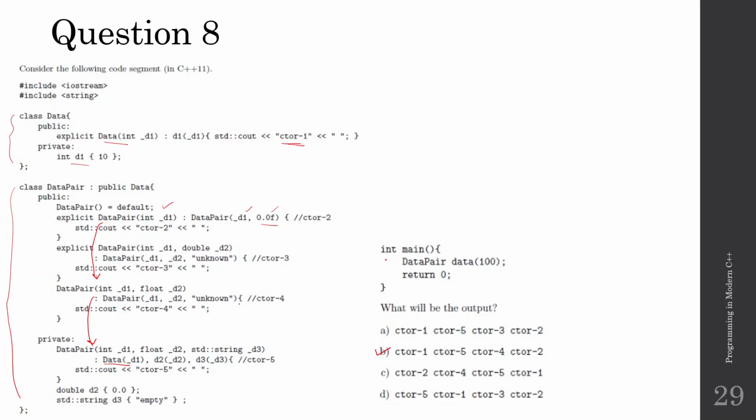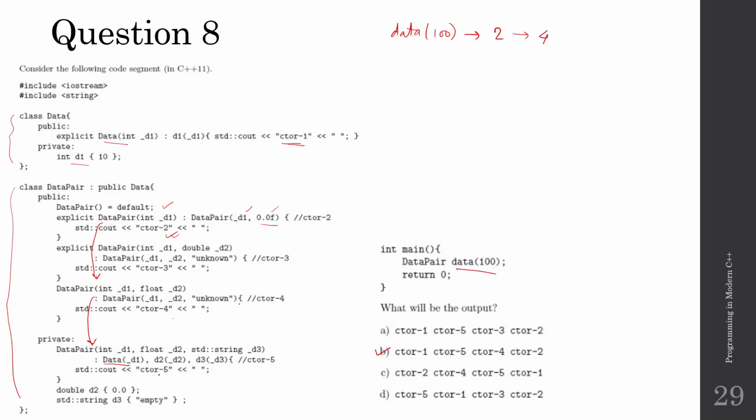If we look at the call stack, I'm writing data 100. So data 100 calls constructor 2. And then constructor 2 calls constructor 4.